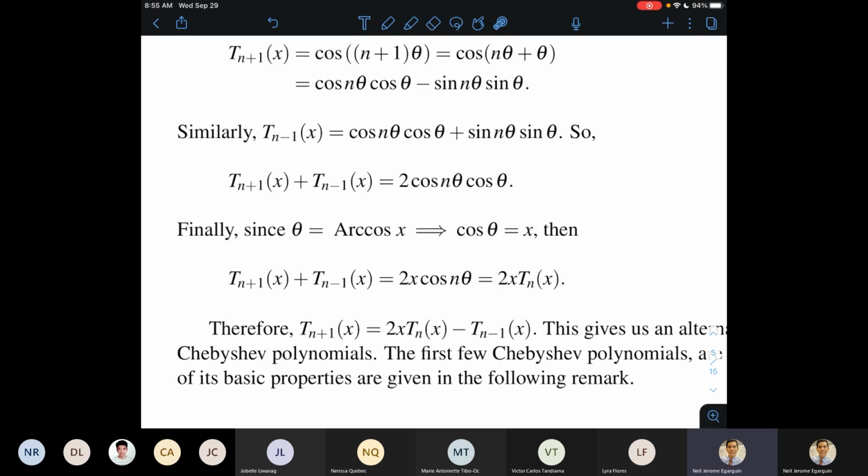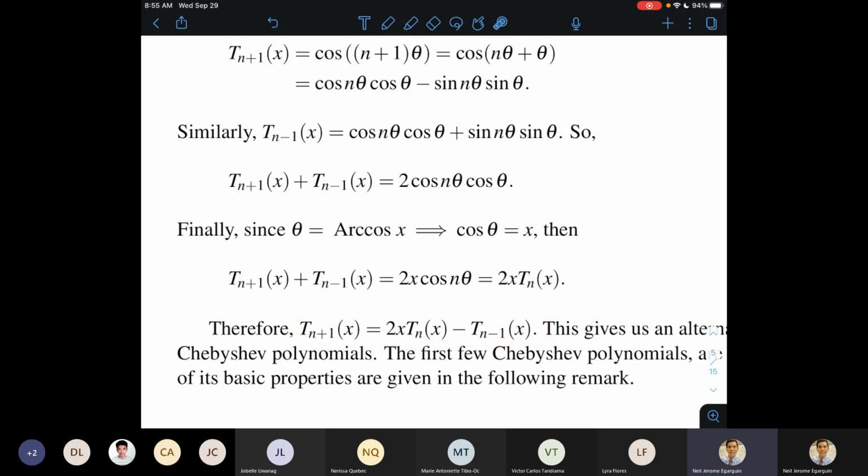Okay, good so far. Puro algebraic manipulation lang naman to so far. And then I can play with this equality. So I can subtract t sub n minus 1 from both sides and come up with this.